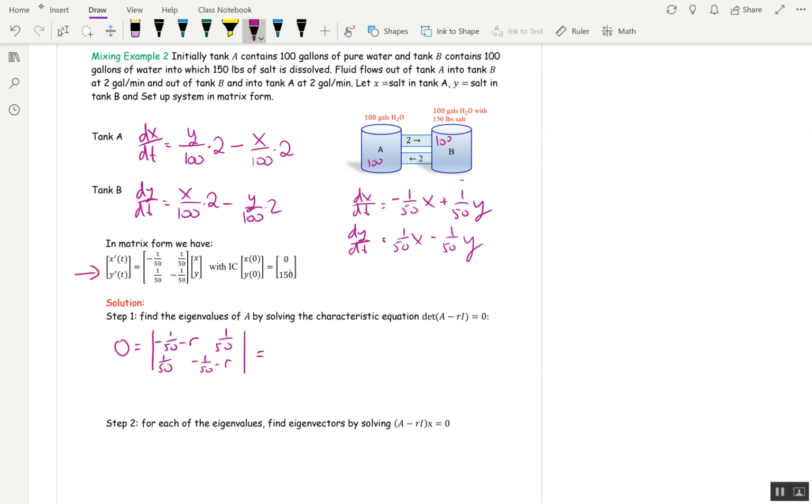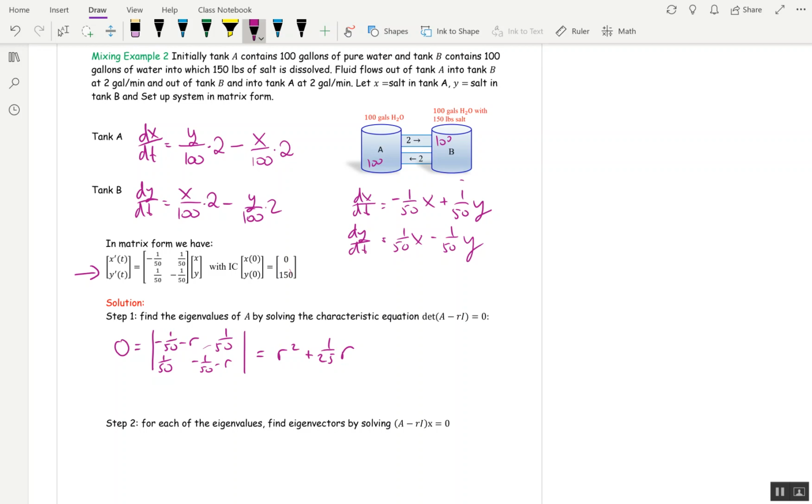All right, I'm going to multiply that out, r squared, and then I'm going to get positive r/50, and then I'll get another positive r/50. So 2/50 is 1/25 r. And then I'll get a positive (1/50) squared, but then I'll subtract (1/50) squared.